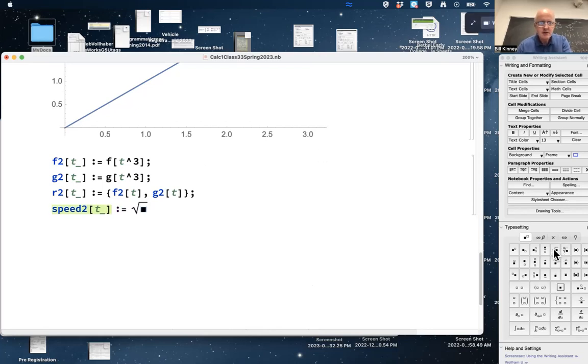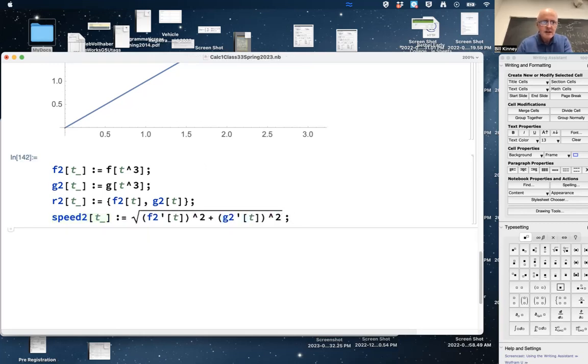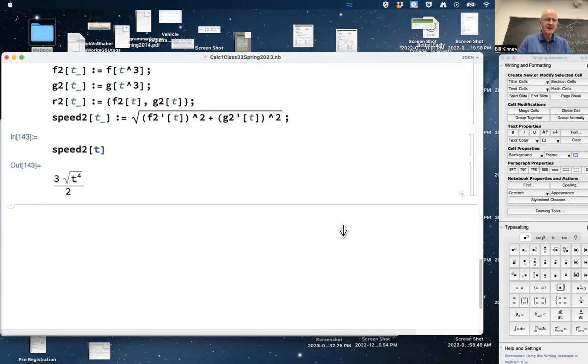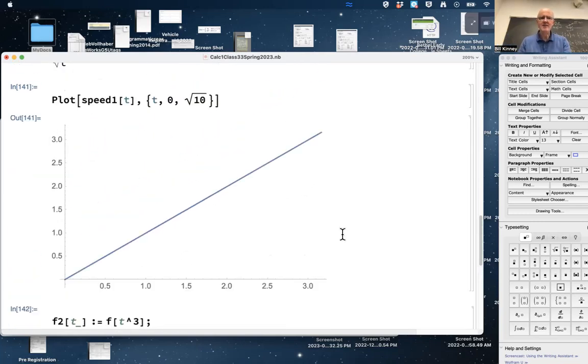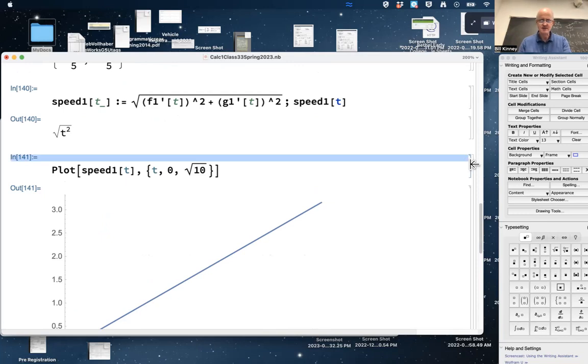Square root of f2 prime of t squared plus g2 prime of t squared. Okay, what is speed 2 of t? It's 3/2 square root of t to the 4th, which turns out to be 3/2 t squared. Is the area under that graph still 5?